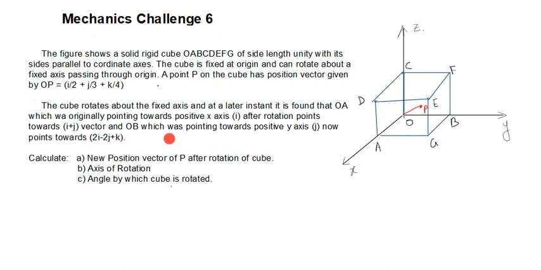Similarly, OB, which was pointing towards the positive y-axis, j cap, after rotation starts pointing towards 2i cap minus 2j cap plus k cap. Now we can verify here that these two vectors, i cap plus j cap and 2i cap minus 2j cap plus k cap, are perpendicular to each other. If you take the dot product of these two vectors, it will come out to be 0, and it should be like this only.